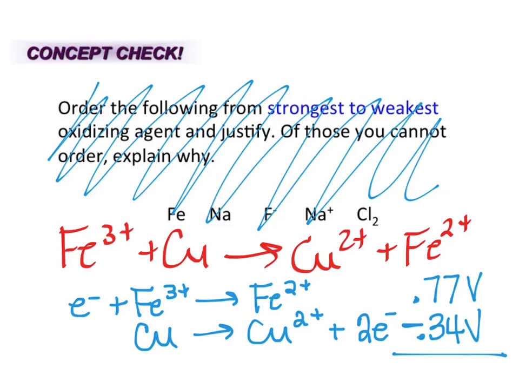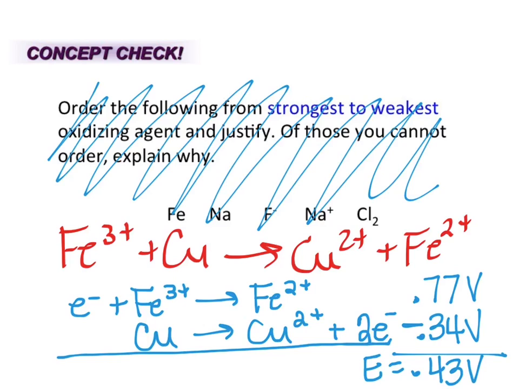When I get negative, do that, and I subtract them, what do we get? 0.43 volts. That is our cell potential. Don't we subtract negative 0.34, so we're adding these.